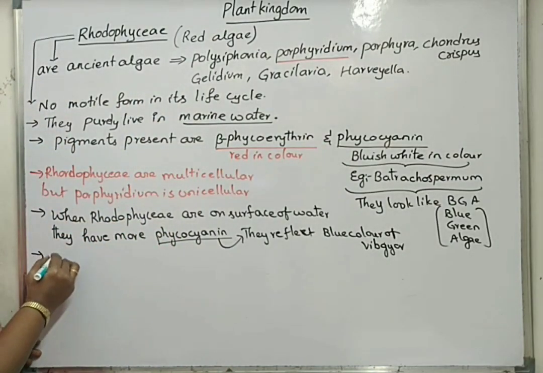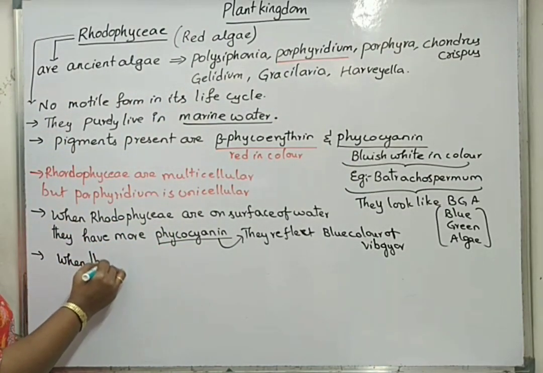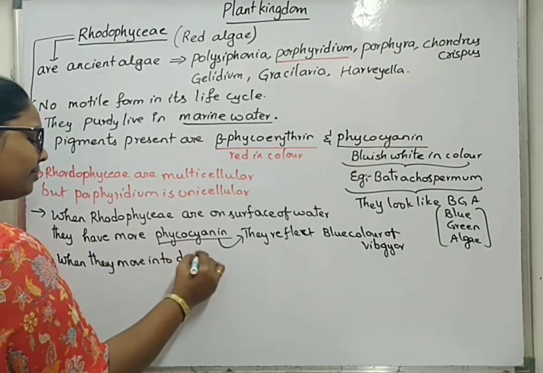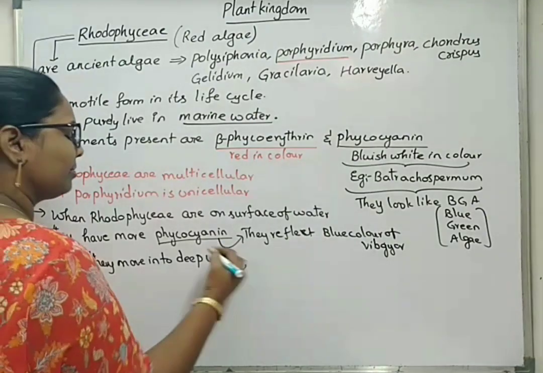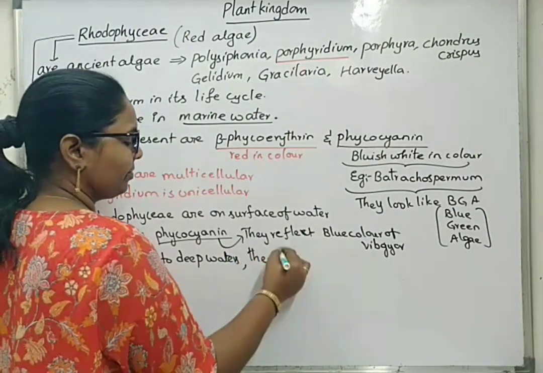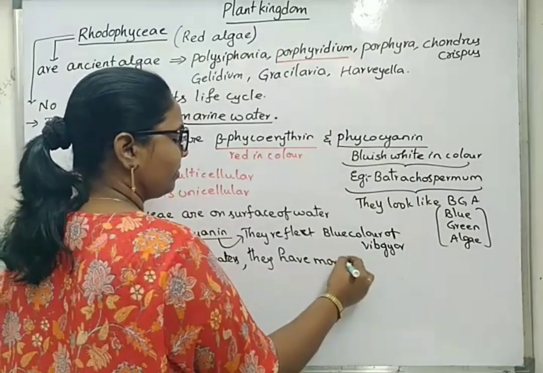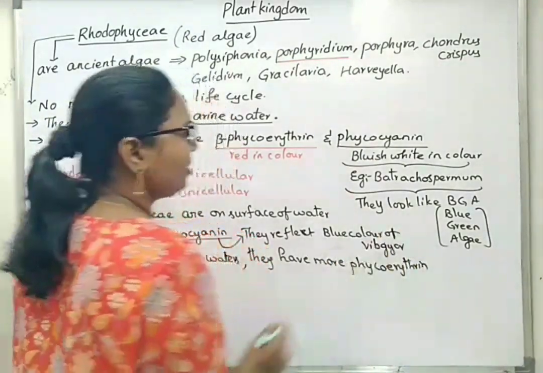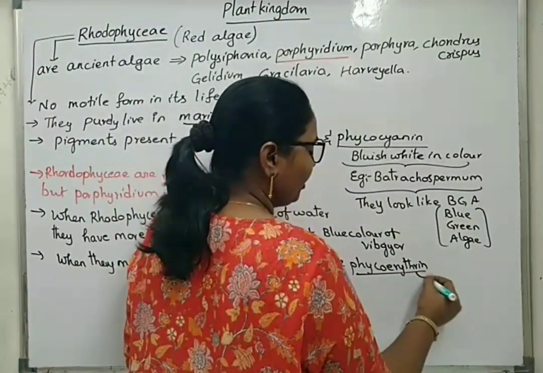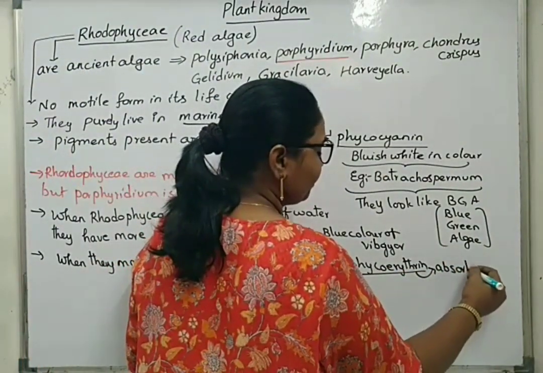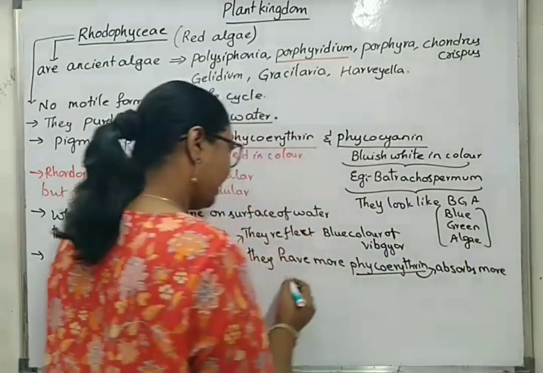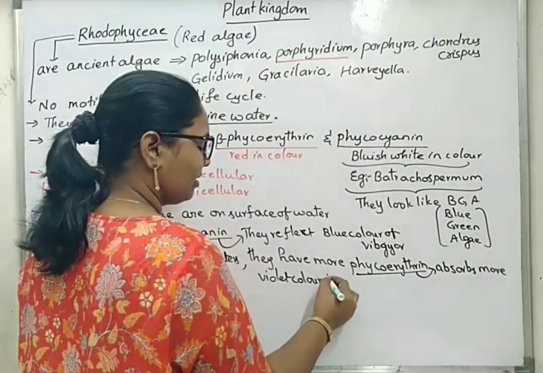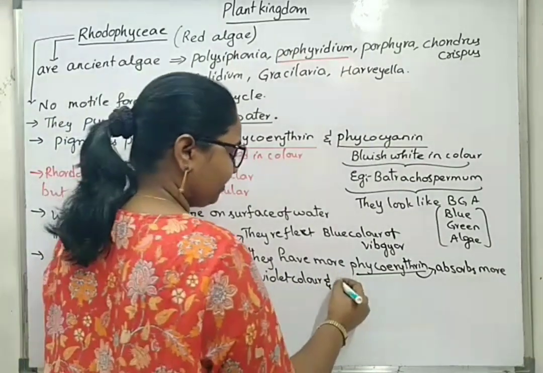Next, when they move into deep waters, they have more phycoerythrin. Phycoerythrin absorbs more violet color and reflects red color.